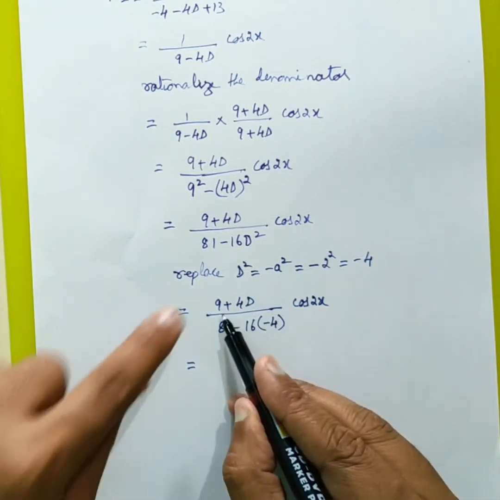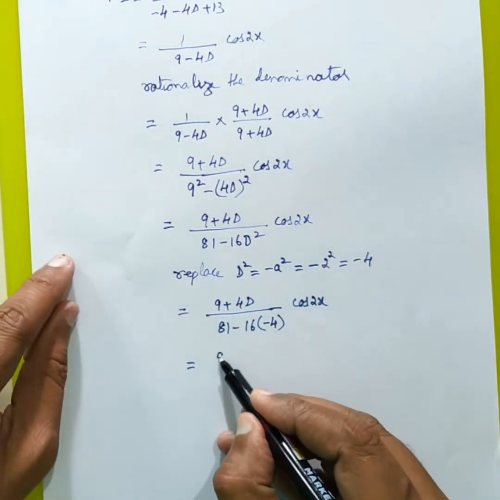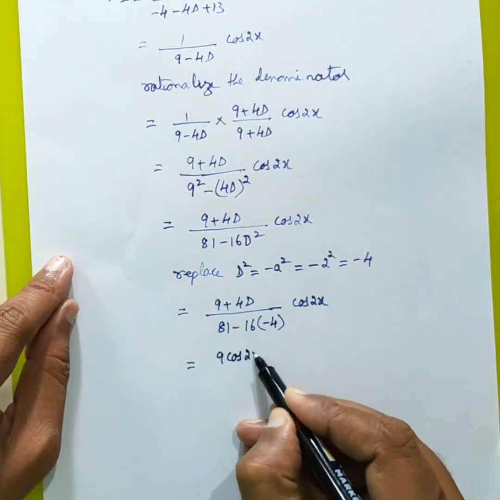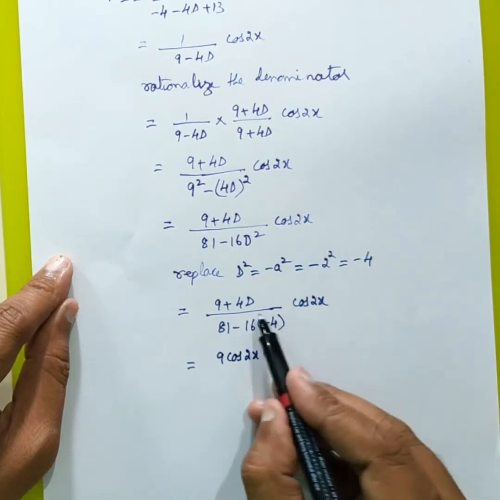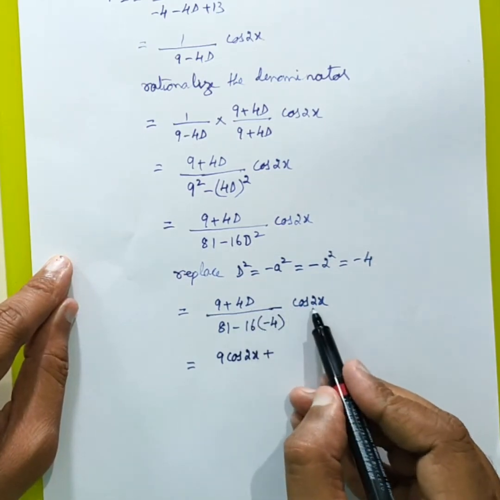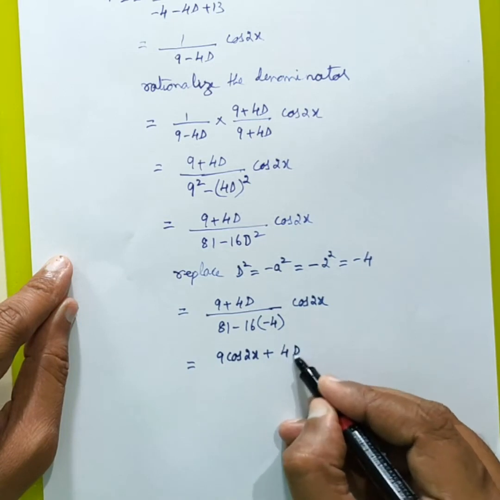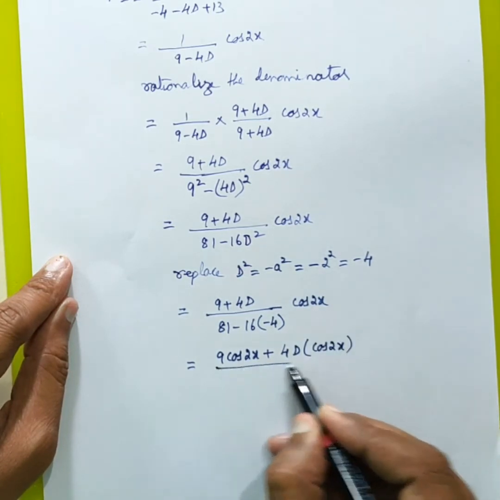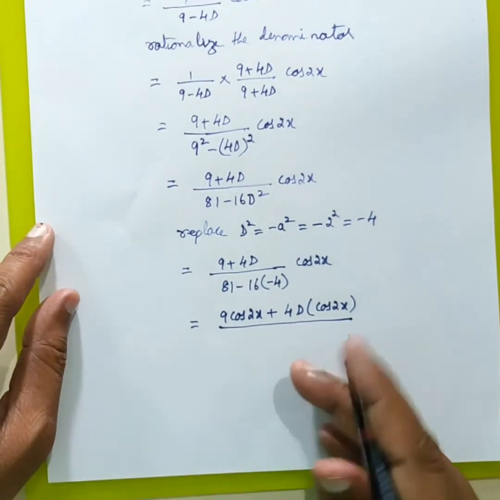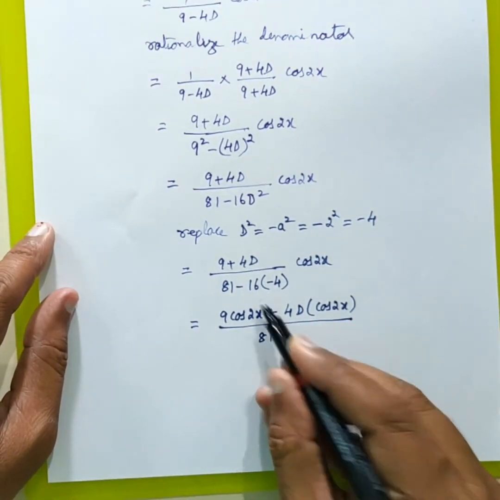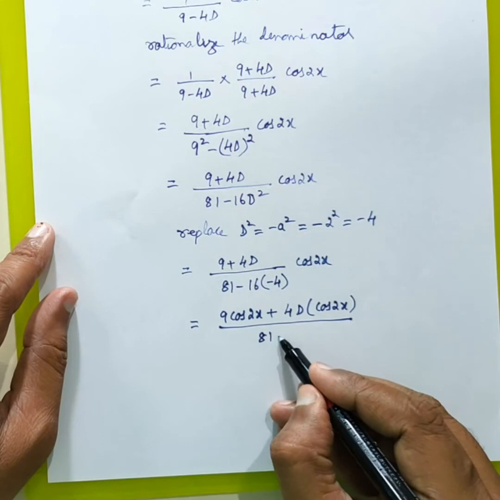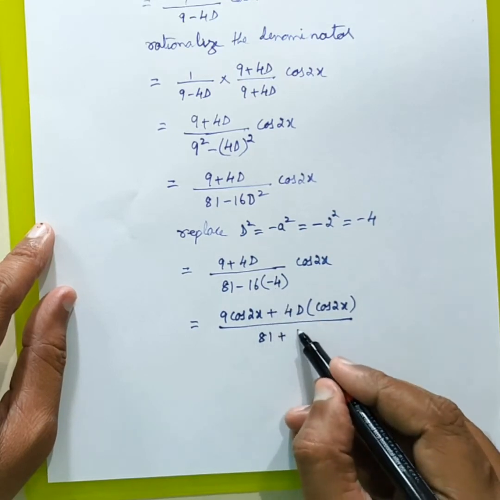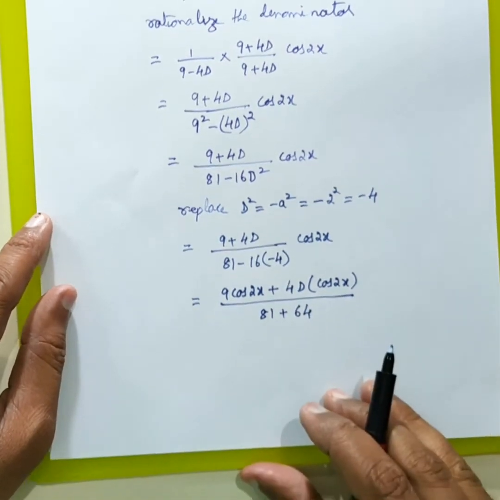Multiply the 9 with cos 2x, so 9 times cos 2x, plus 4D times cos 2x, whole divided by 81 minus of minus becomes plus, 16 times 4 is 64.